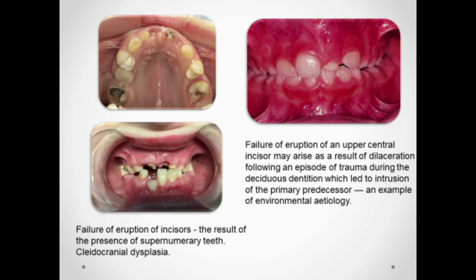However, more direct testimony is provided in studies of twins and triplets, which indicate that skeletal pattern and tooth size and number are largely genetically determined. Examples of environmental influences include digit-sucking habits and premature loss of teeth as a result of either caries or trauma.